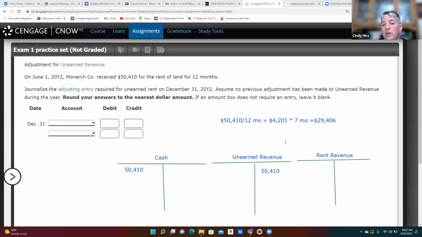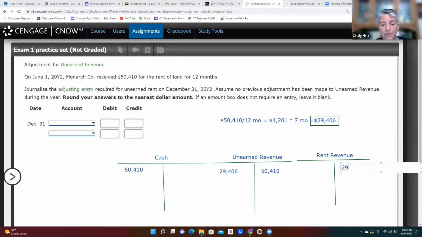So the adjustment is going to be to, since we no longer owe this $29,000 worth of land use, we need to get that off our balance sheet. It's no longer a liability for us. So the entry will be a debit to the unearned revenue account, because that's no longer a liability for us.